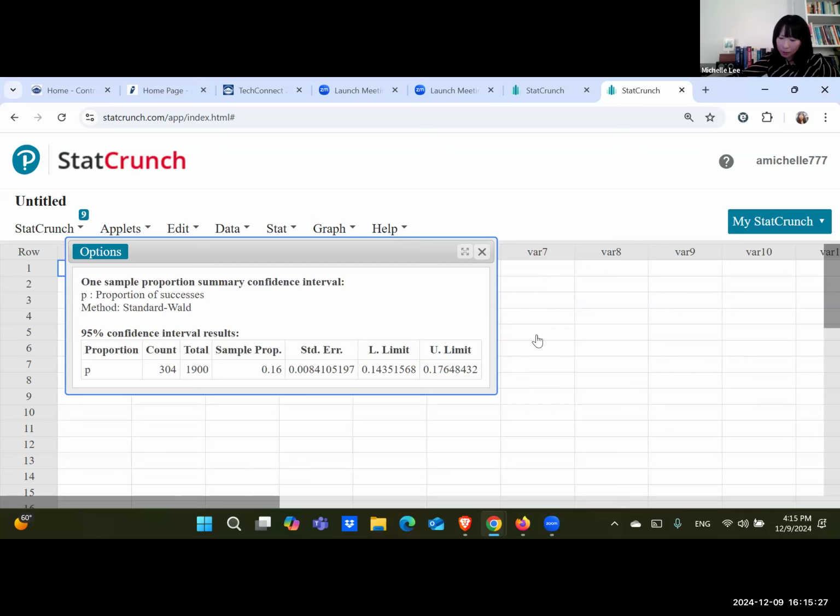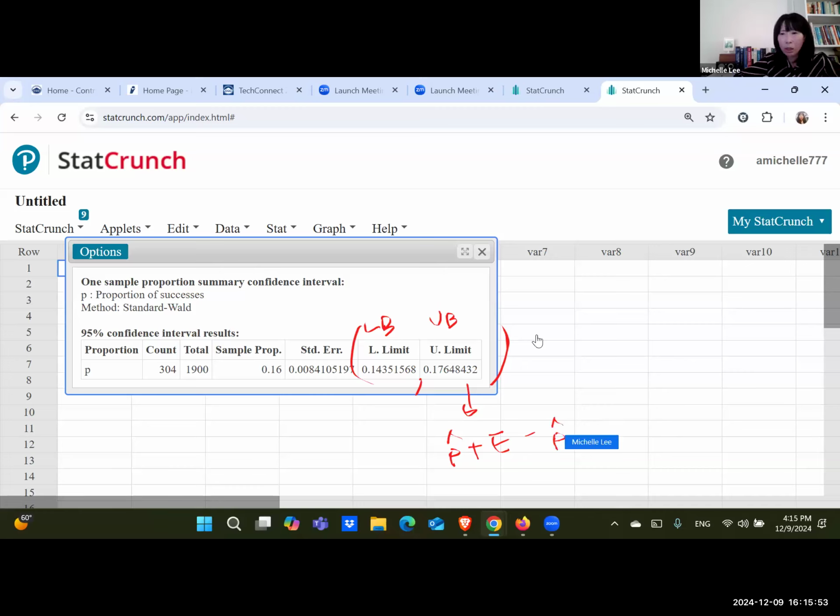Okay, now this is the lower bound, this is the upper bound, right? We can use that like confidence interval notation with a comma, right? So we know that the upper limit is p hat plus margin of error. If we want to know the margin of error, subtract the p hat, right?